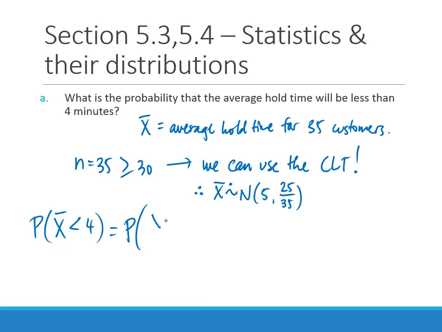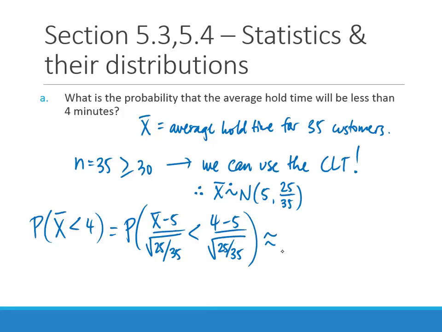We can standardize again. X bar minus 5 over the square root of 25 divided by 35 less than 4. Do the same thing, minus 5. And then because of the central limit theorem, this is approximately equal to the probability that a standard normal random variable is less than negative 1.18.